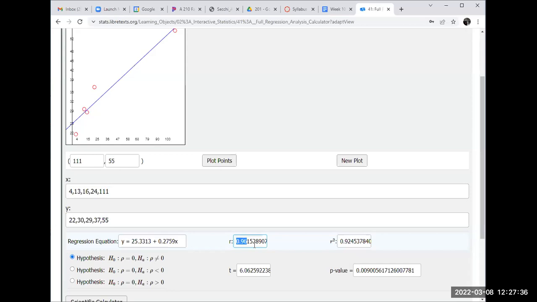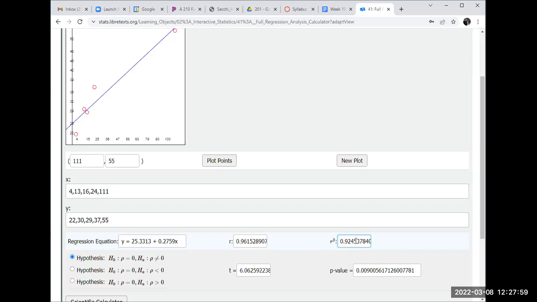Then comes R squared. It might be obvious, but you take R and you square it. But it's actually more than that. One thing is that R squared can never be negative. Hopefully you all know that from math: if you square a number, you don't get a negative number.